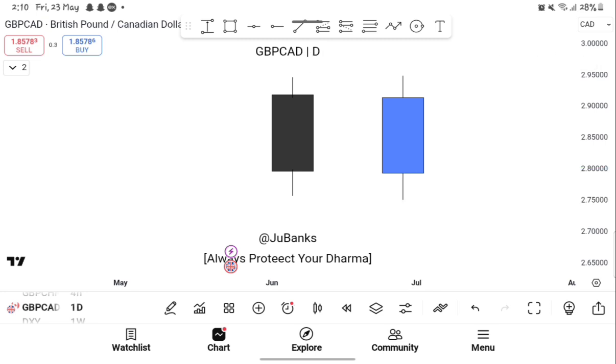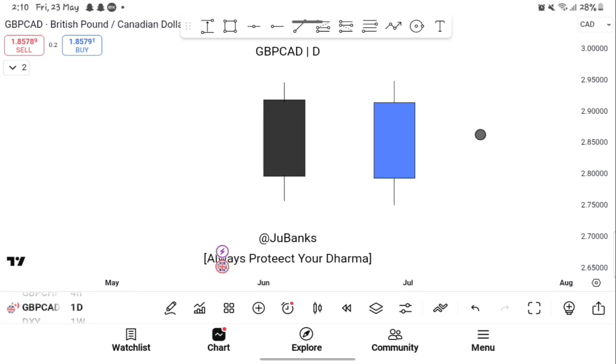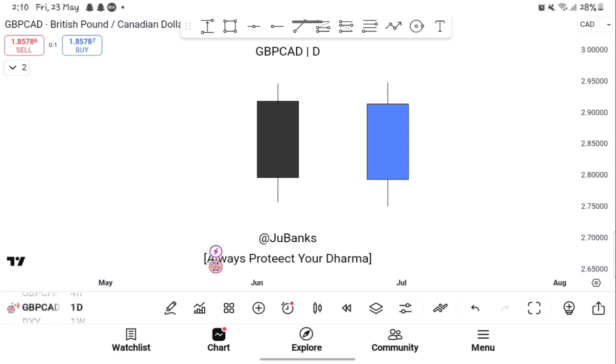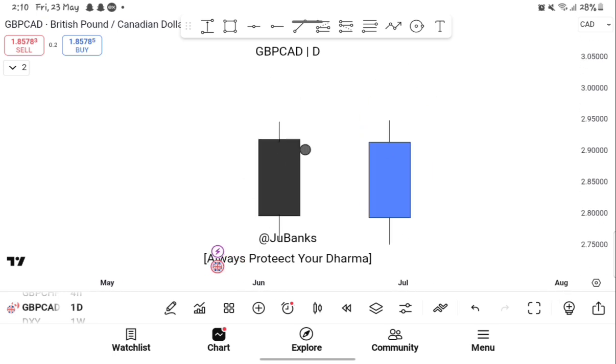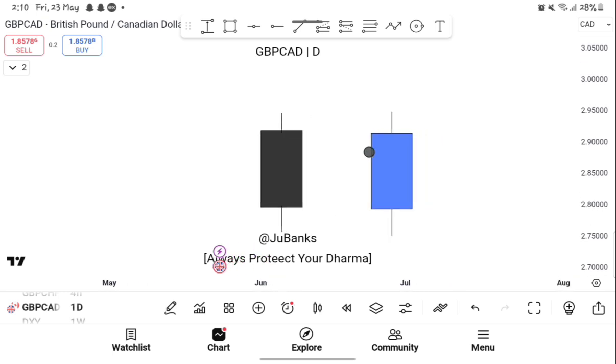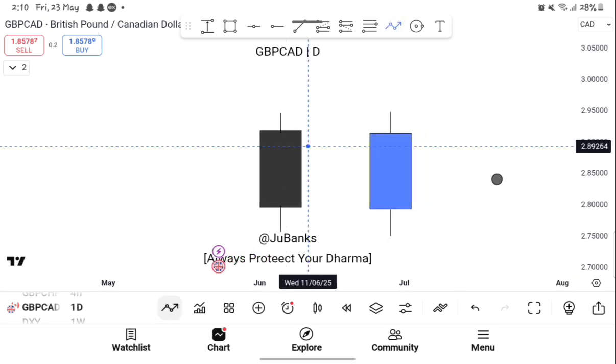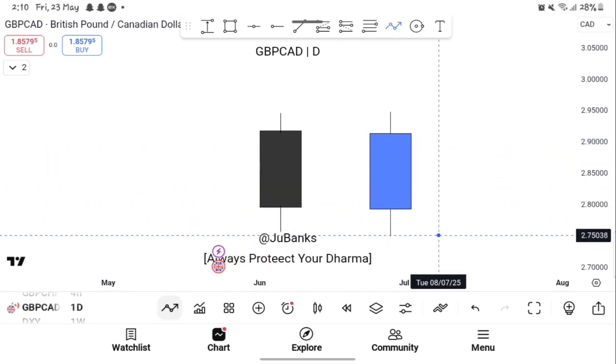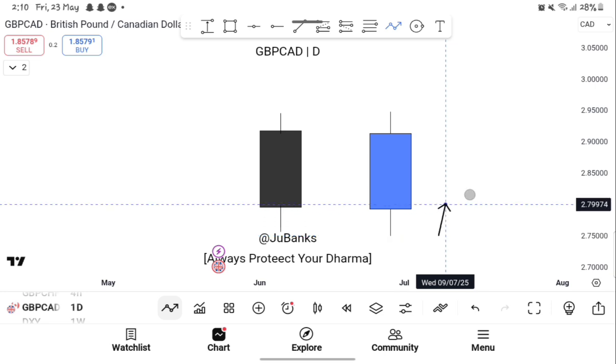Now, these two candlesticks, it's important to know the time frame that you actually see in these candlesticks. This is because if you see this on a higher time frame, say on a monthly chart, this bearish candle or this bullish candle on a monthly chart, when you go down to a lower time frame, this would be in smaller candles.